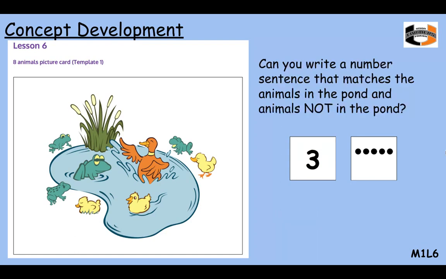Can you write a number sentence that matches the animals in the pond and animals not in the pond? Three plus 5 equals 8.